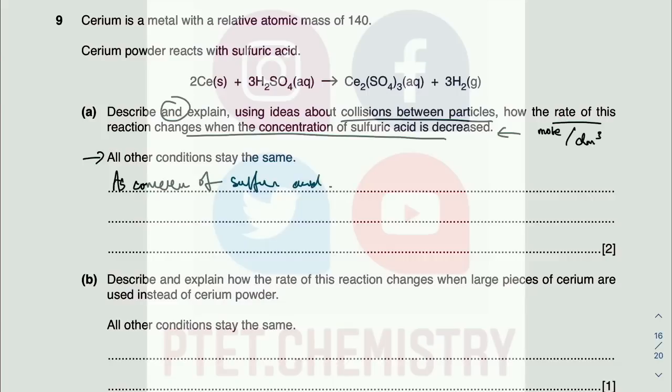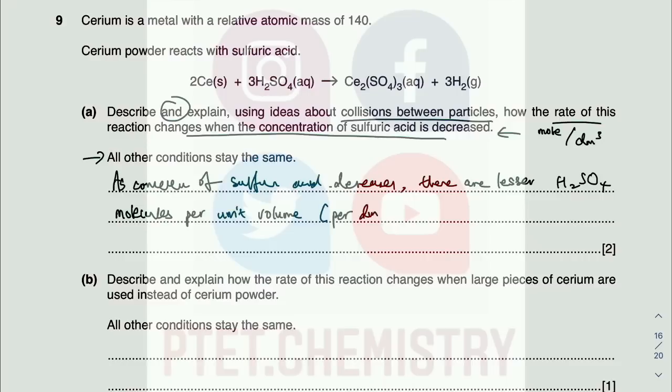That's the definition. How many moles are there in 1 dm cube? So we can talk about there are fewer H2SO4 molecules per unit volume, dm cube is a unit volume.